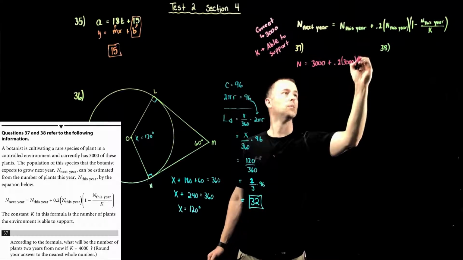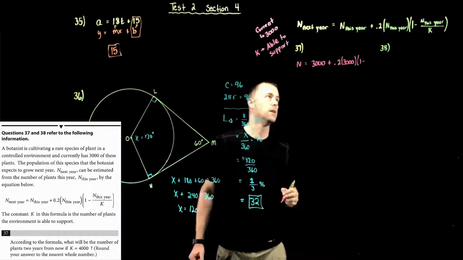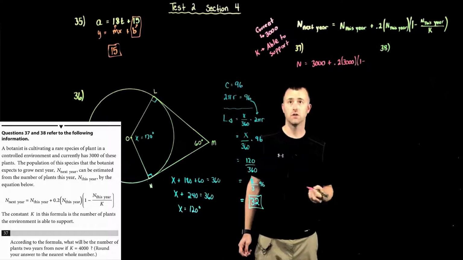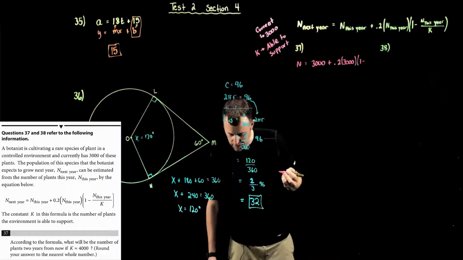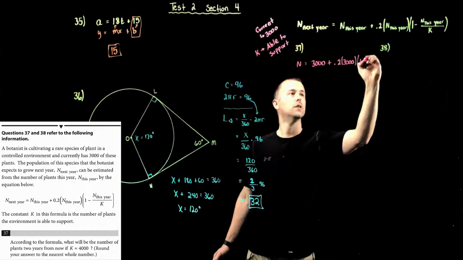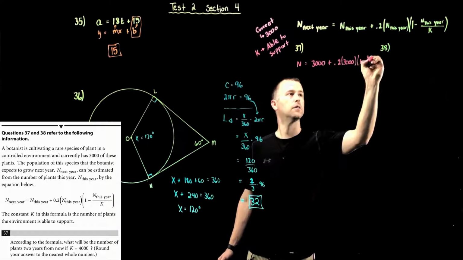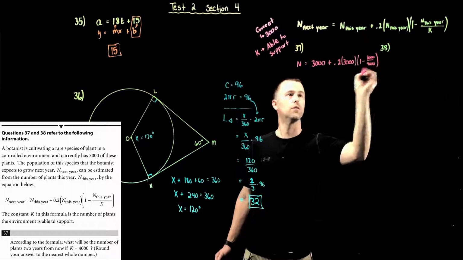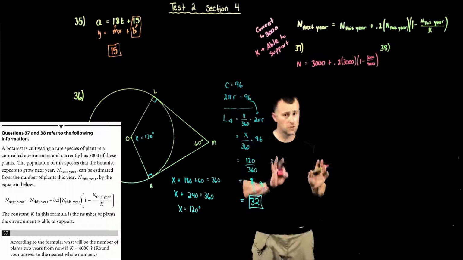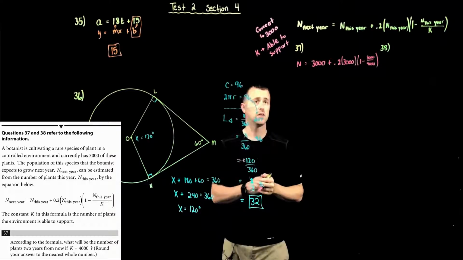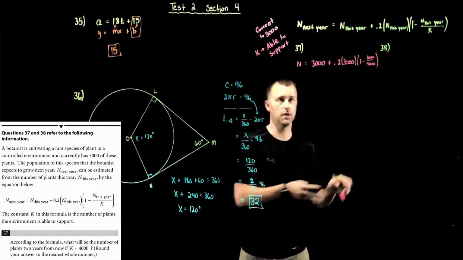And that's getting multiplied by 1 minus N of this year divided by K. Well, K, they said, was 4,000. So I have 3,000 over 4,000. So that is the equation we're plugging in. We're going to have to do this twice, but that'll at least give us the 1 year later.